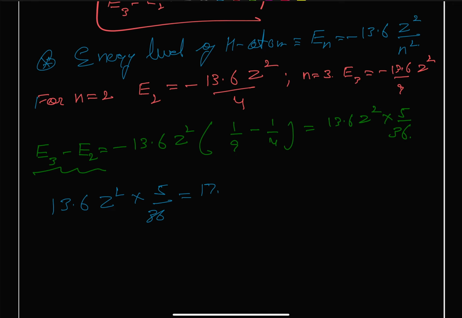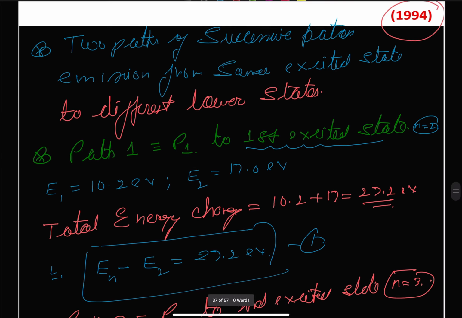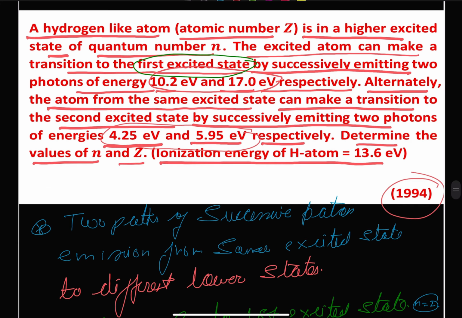So from here Z square will be equal to 17 into 36 divided by 13.6 multiplied by 5, and this comes as 9, or we can say the value of Z is equal to 3.